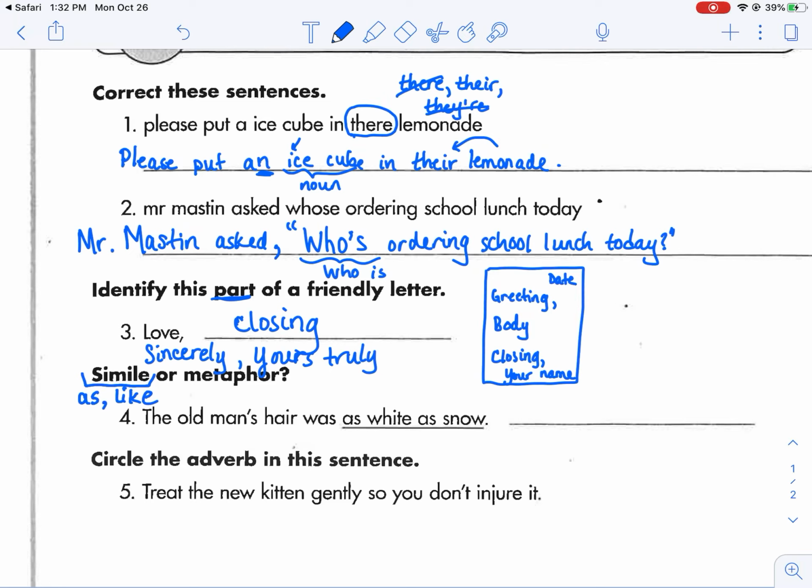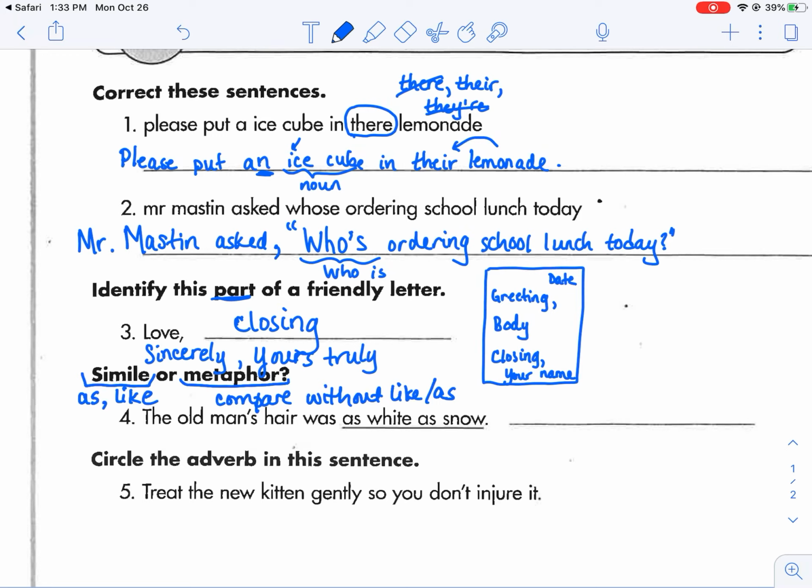A metaphor is comparing two things without using like or as. For example, he is a lazy snail. That's a way to say he is as slow as a snail.